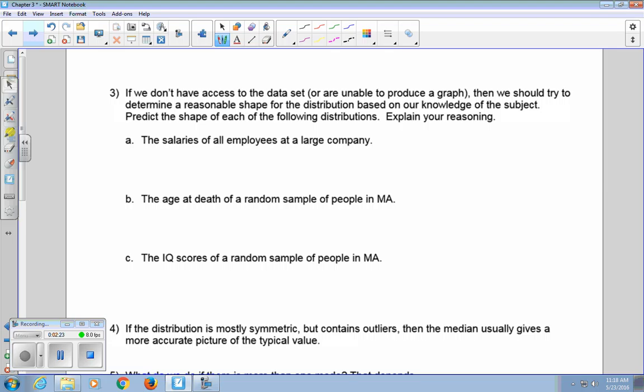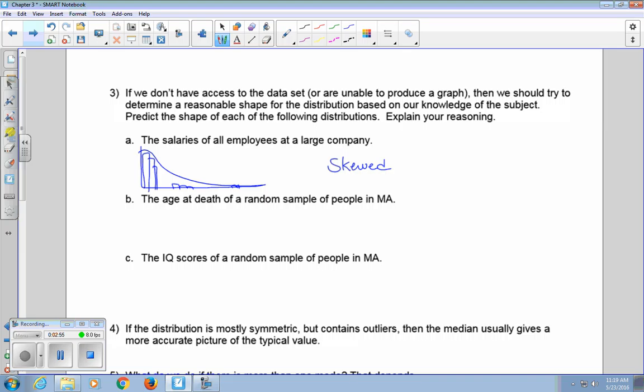Generally, we have a lot of people who make down here at the lower end of the salary scale, and then a few people up here in management, and maybe our CEO way out here. So generally we expect to see a skewed distribution when we are looking at salaries.